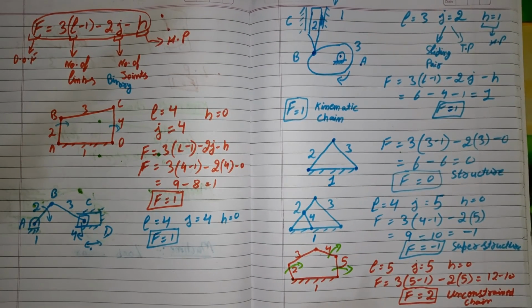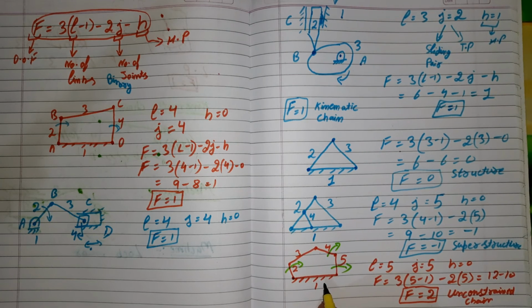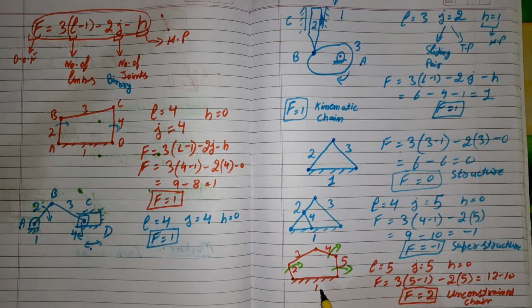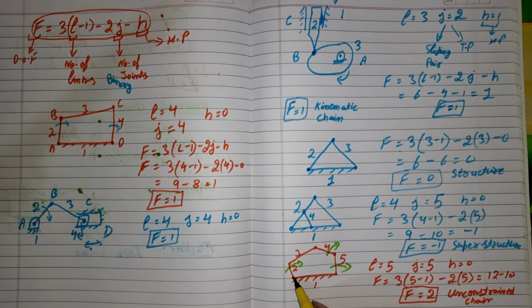In our definition of kinematic chain, if all the links are connected in such a way that the first link is connected to the last link, in order to form a closed chain, and if the relative motions in this closed chain are constrained, then such a chain is known as a kinematic chain. Here it forms the closed chain, but relative motions are not constrained.